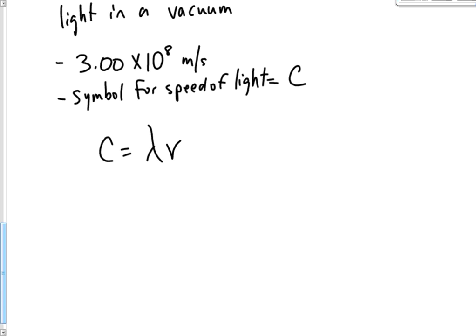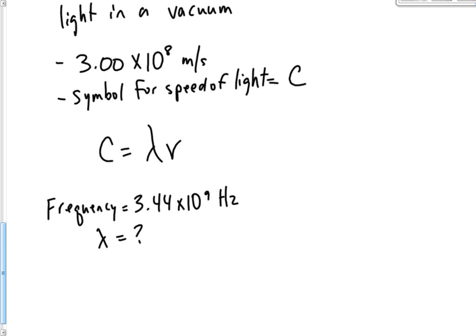So if frequency equals 3.44 times 10 to the 9th hertz, what is the wavelength?